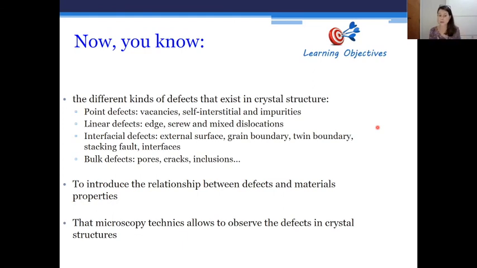The microscopic techniques, either optical microscopy that I'm sure you already know, or electron microscopy techniques that use electrons to analyze the surface of the material, allow us to observe these defects in crystal structures.